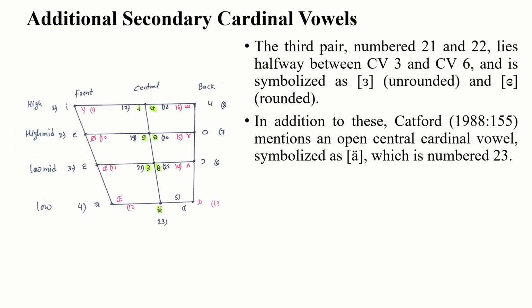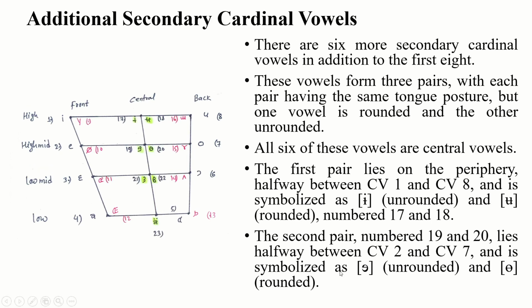Okay, then next one, the second pair, 19 and 20. Okay, second pair, and these are the additional secondary cardinal vowels I am talking about. 19 and 20 lie halfway between 2 and 7.